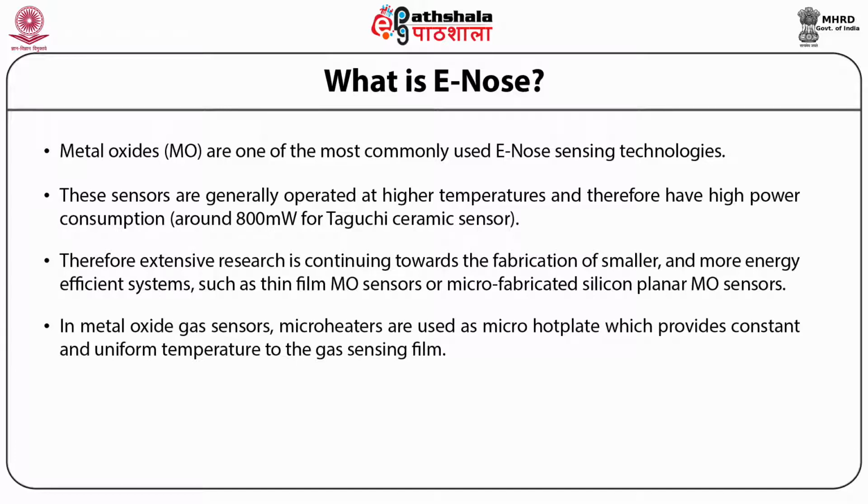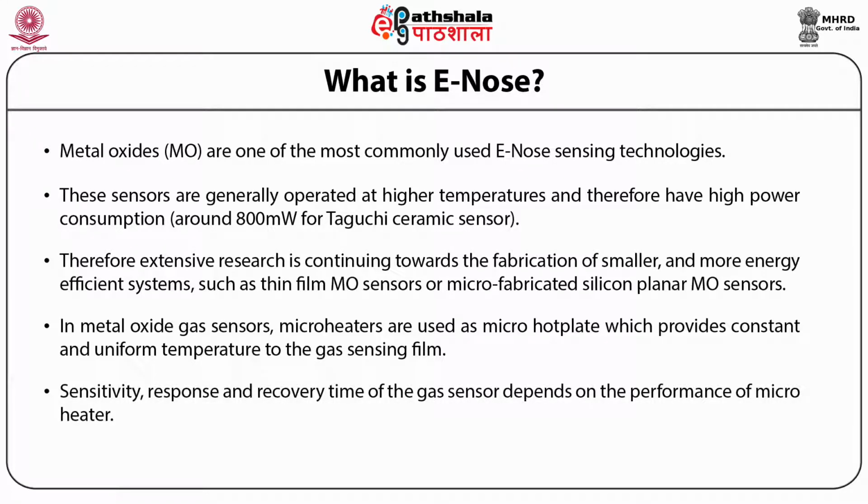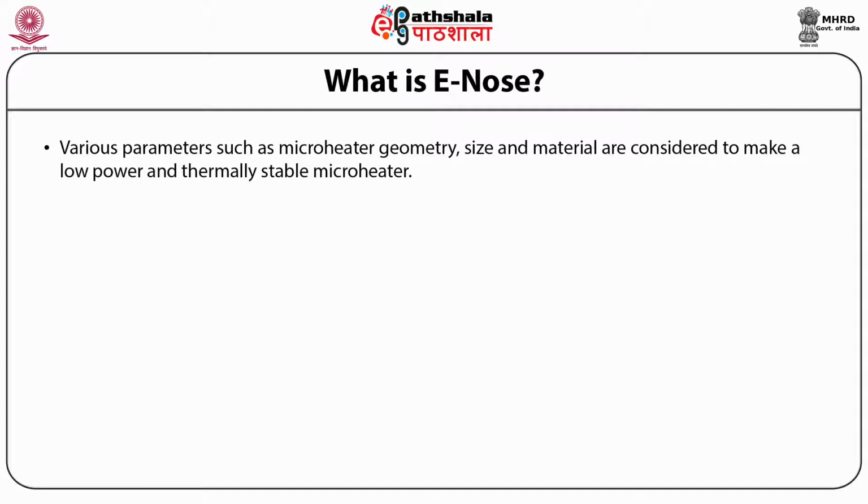In metal oxide gas sensors, microheaters are used as a micro hot plate, which provides constant and uniform temperature to the gas sensing film. Sensitivity, response, and recovery time of the gas sensor depend on the performance of the microheater. Various parameters such as microheater geometry, size, and material are considered to make a low power and thermally stable microheater.